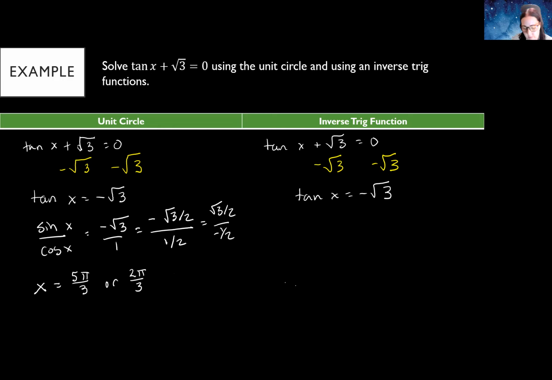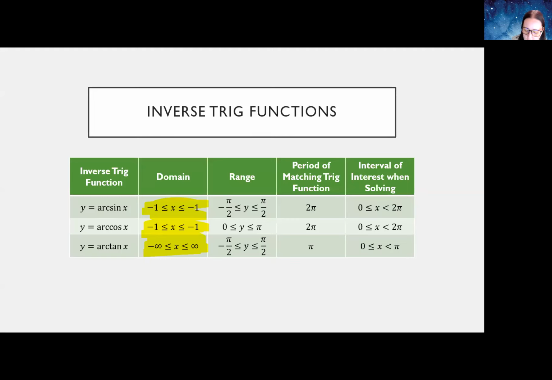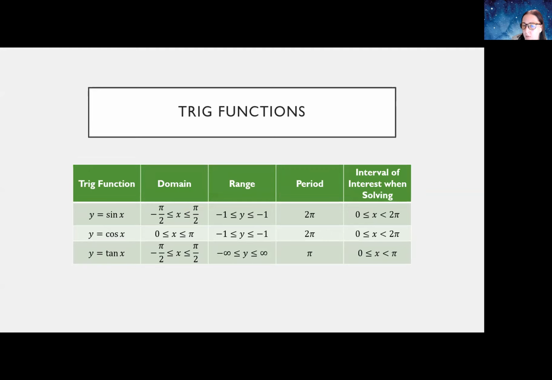Now we need to think about the domain of tangent. What values are you allowed to plug into tangent? Where is our interval where we're interested? Let's go back to this one, I think this one will be better. So for tangent, our domain for x is negative pi over 2 to pi over 2.